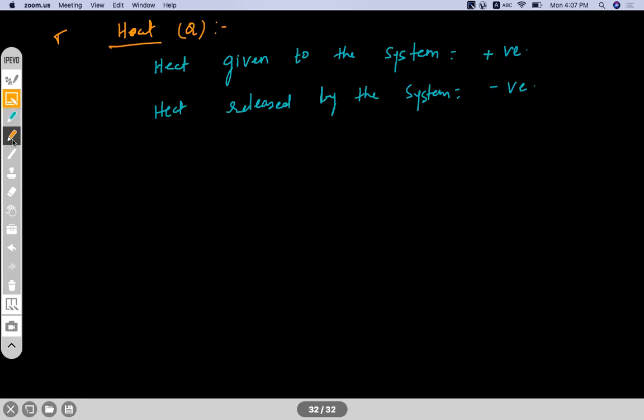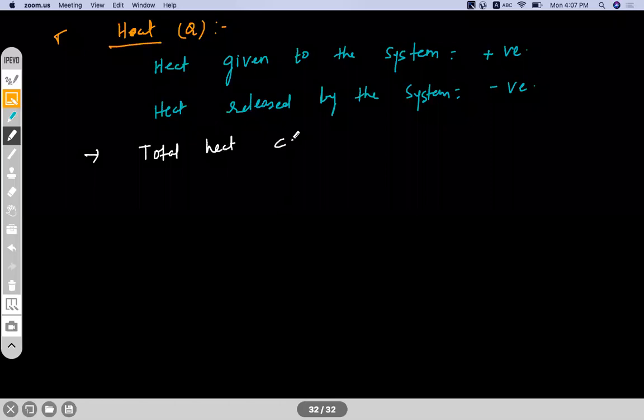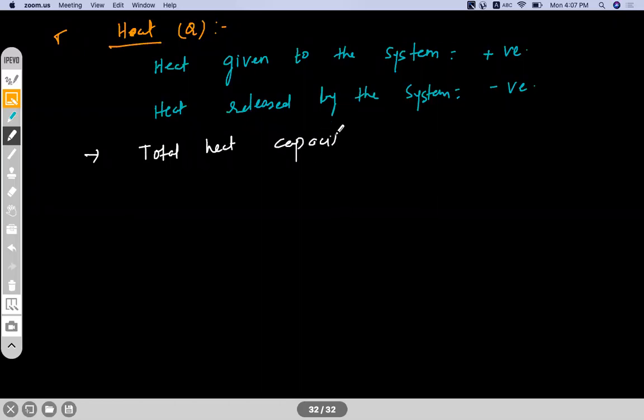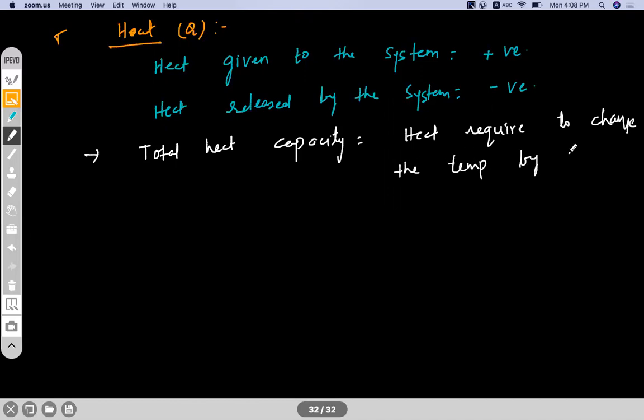We also have seen the total heat capacity. It is the heat required to change the temperature by 1 degree.